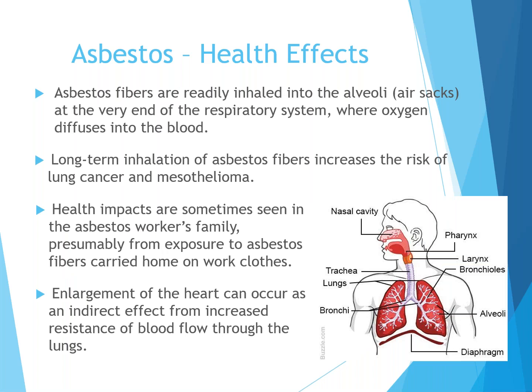Asbestos fibers are readily inhaled into the alveoli. And those are the air sacs at the very end of the respiratory system. So the slide, hopefully it can be very readily visible from your presentation or your screen. Those are the smallest branches in your lungs.